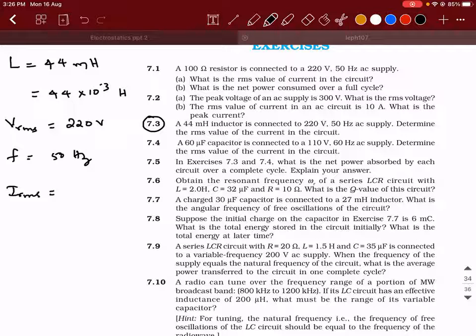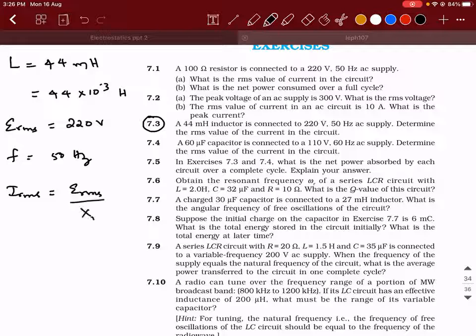So IRMS is equal to how much? What is IRMS? Yeah, right. It has ERMS. What is it?